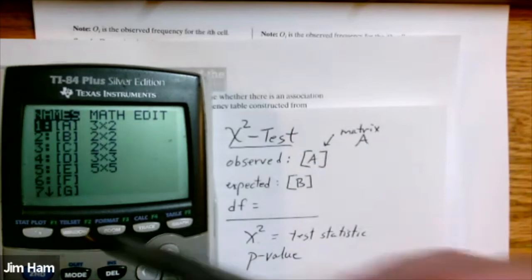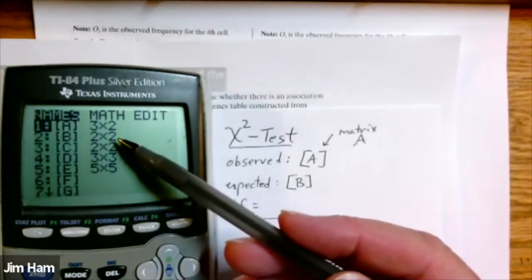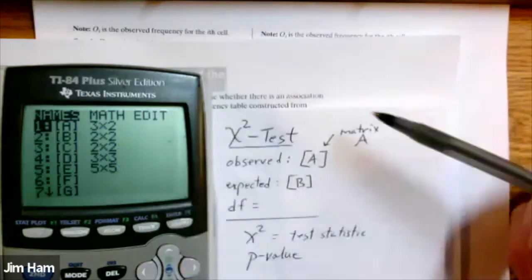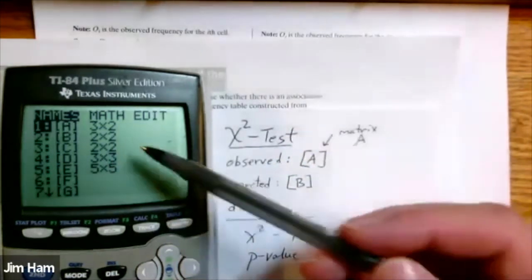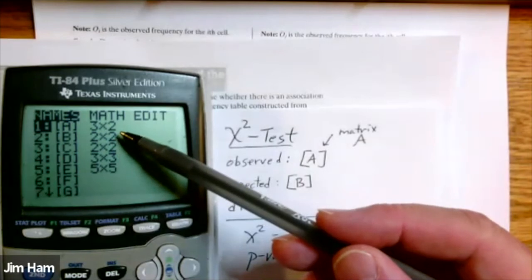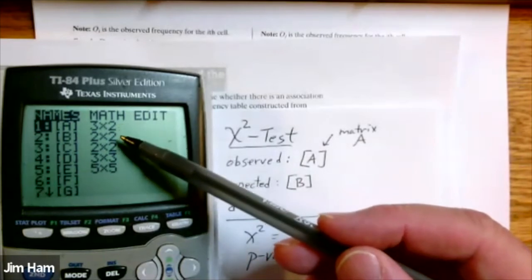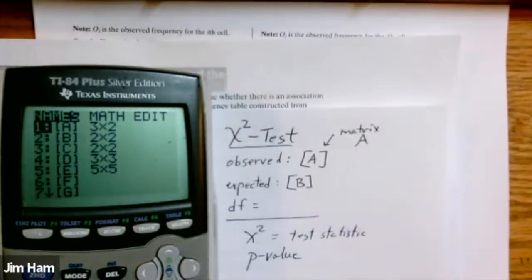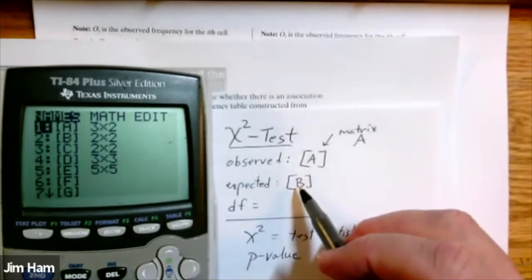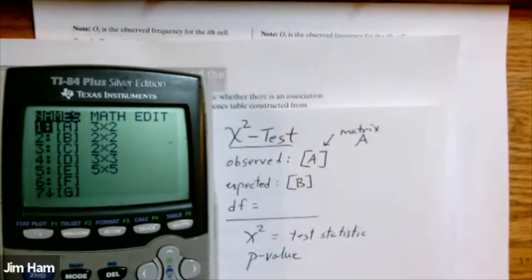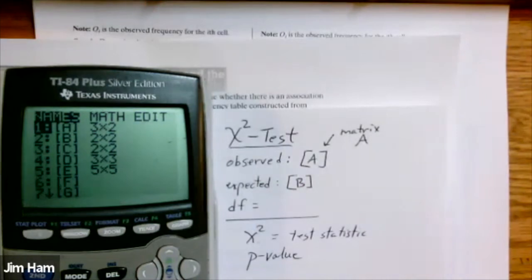So if you go to B right now, it has even different dimensions. You're not even going to see the expected values. But after you run this test, you're going to see that this matrix changes dimensions to 3 by 2, just like A. And then inside matrix B, you're going to have all the expected values. So use the calculator, and the chi-squared test, to calculate the expected values.